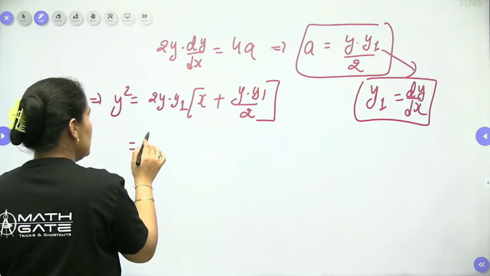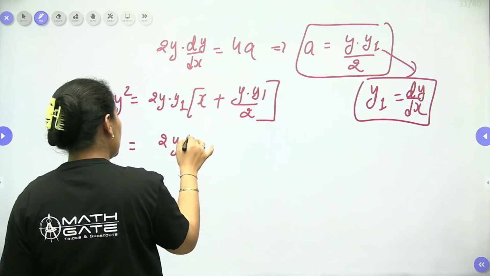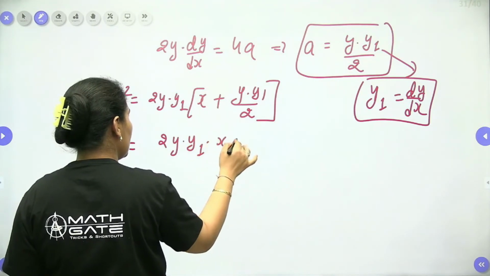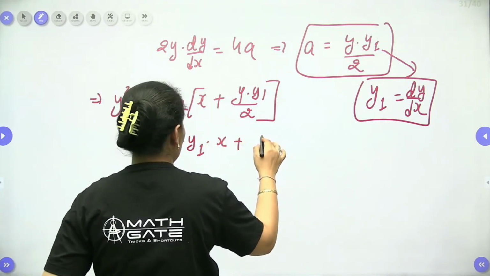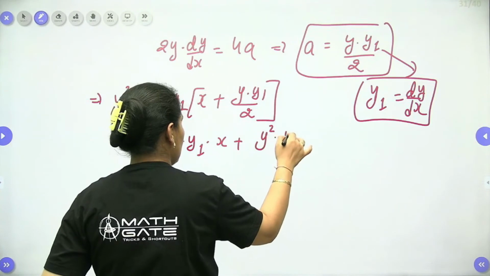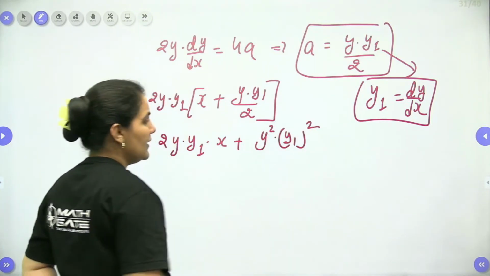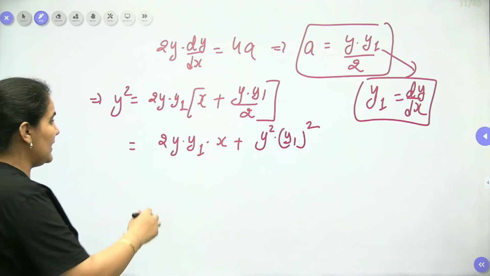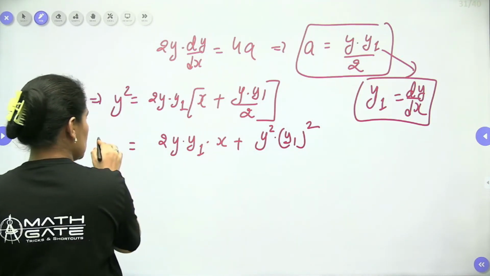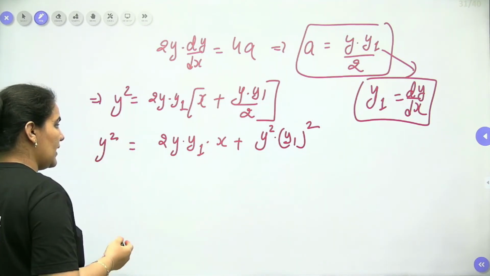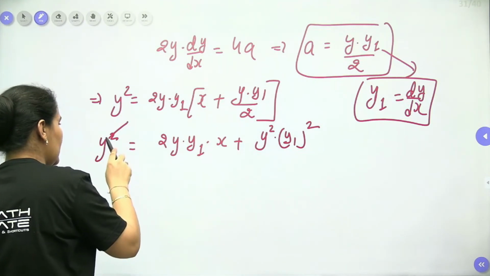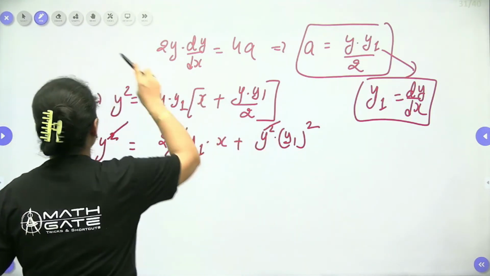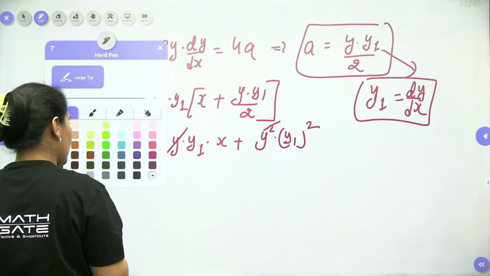So when you approach it, it will be 2 into y into y1 into x, plus 2 and 2 cancel out, y square into y1 square only. Now how can you approach? From here directly, y square into y1 square, and here you are having y square again. So for the y square you can cancel out y and y.